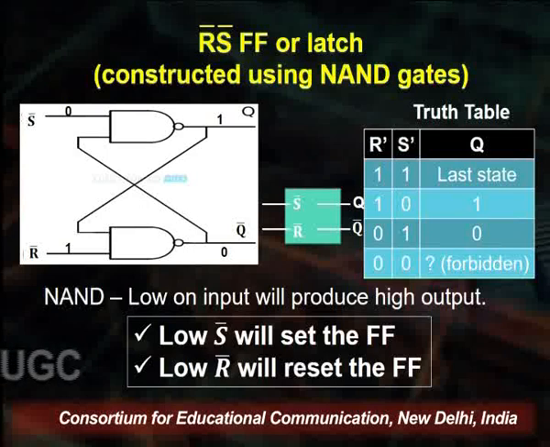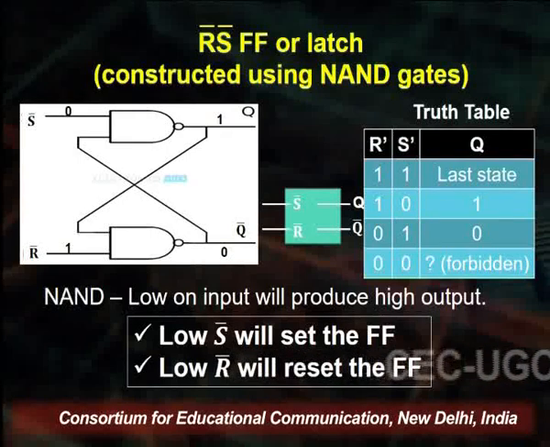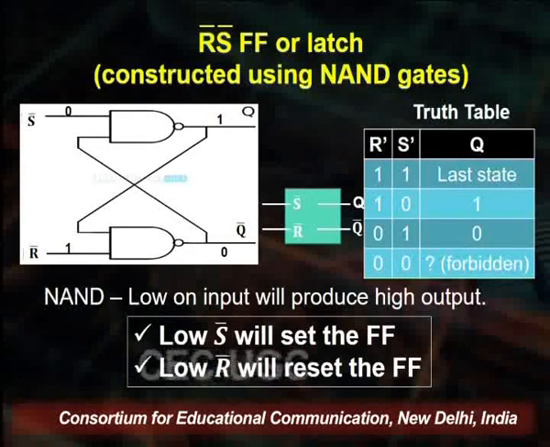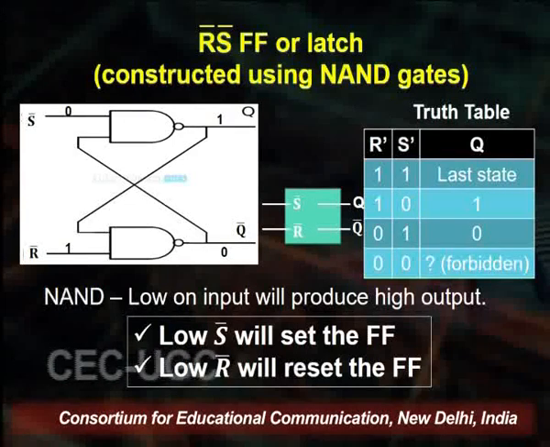So in NAND gates we found that the truth table for the RS flip-flop was as follows. Since there are two inputs, R and S, as per digital logic it should have four combinations: 0 0, 0 1, 1 0 and 1 1.